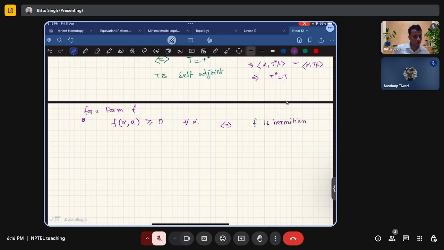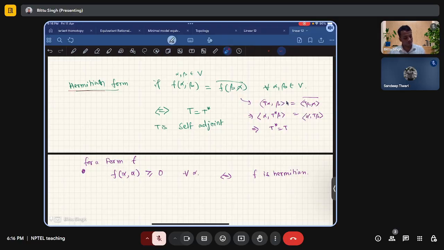If f is Hermitian, the converse is easy to see because you can put alpha here: f of alpha alpha is the same as the conjugate of f of alpha alpha. Something is the same as its conjugate, so it must be real. So f is Hermitian implies this is real. If this is real for all alpha, then the reverse is also true. This direction is easy to see, and for the other direction a small proof is needed.